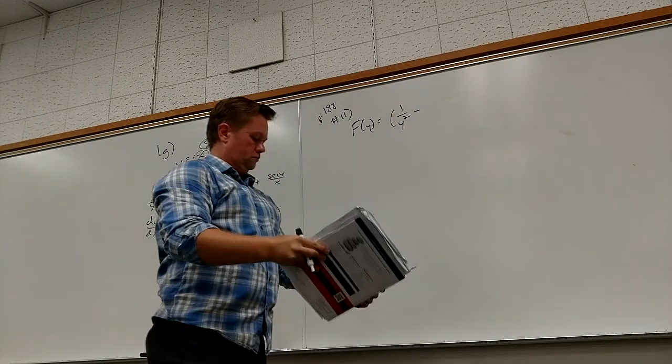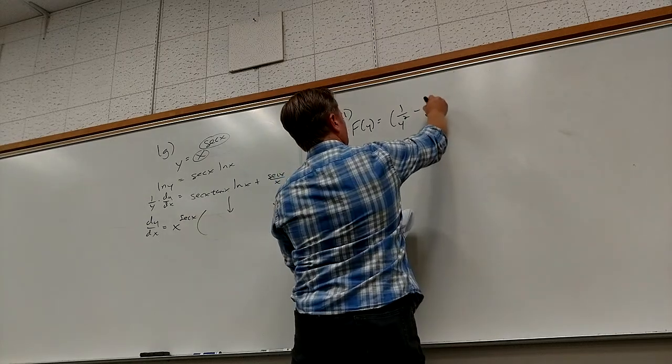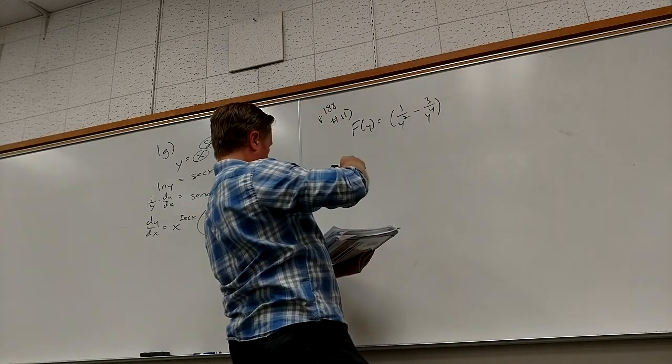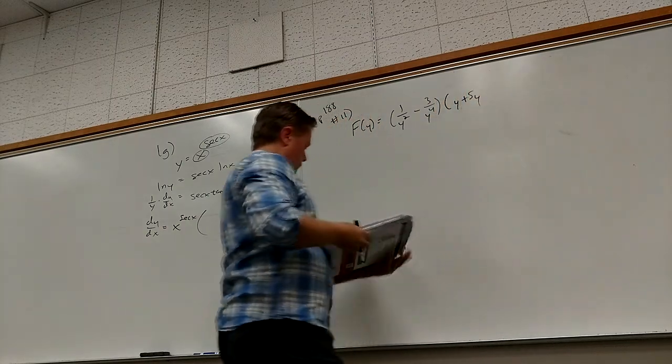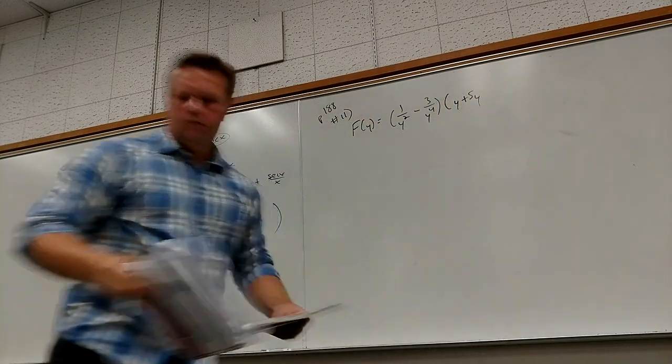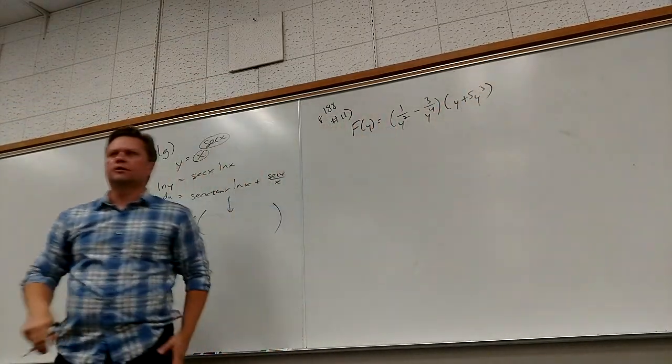It's y squared, right? It's 3 over y to the 4, plus 5y cubed.